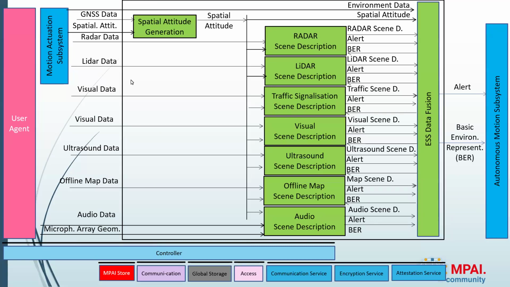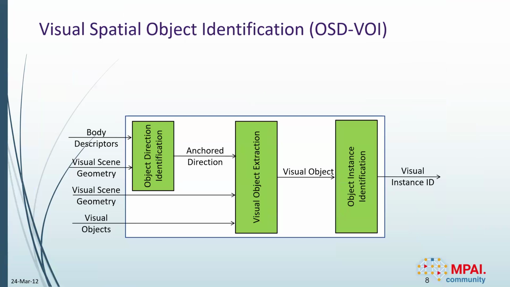So we have a lot of sensors, radar, LiDAR, we have visual, ultrasound, we have audio. So we have a lot of data types, and all these create a scene description. And the scene description is again implemented using the specification of this standard.